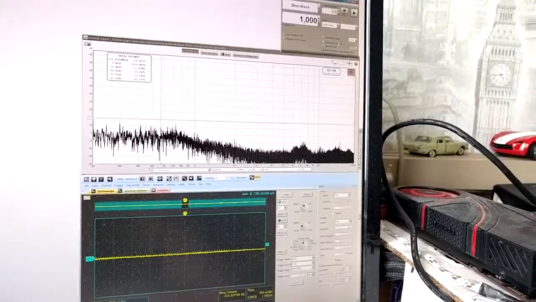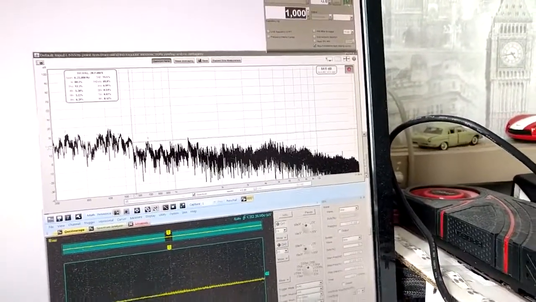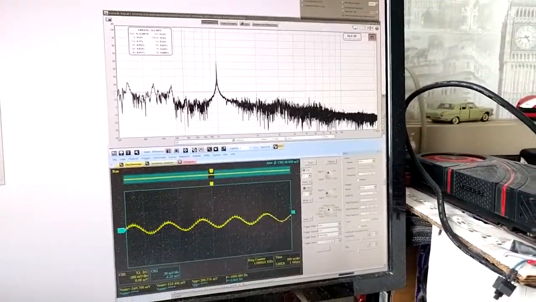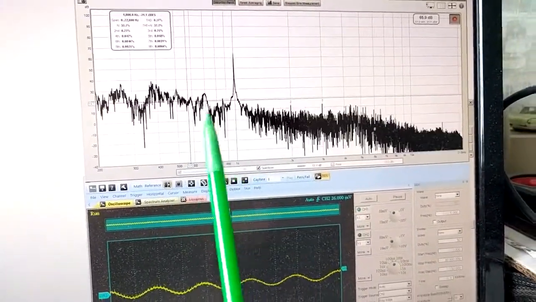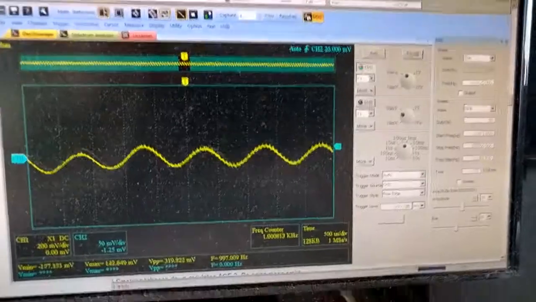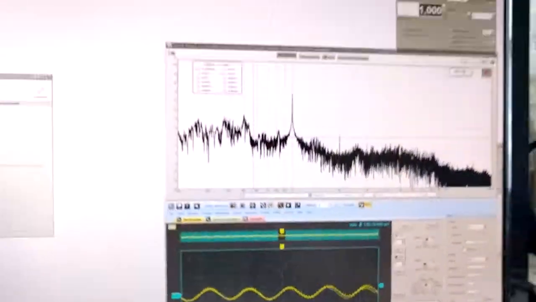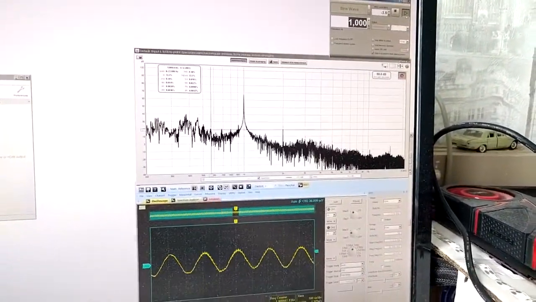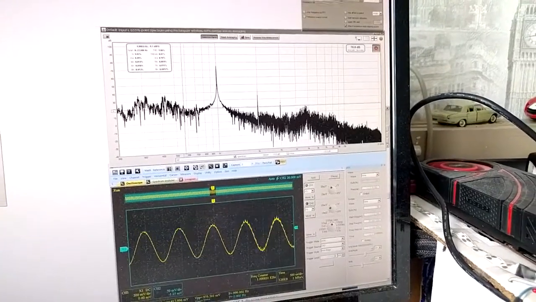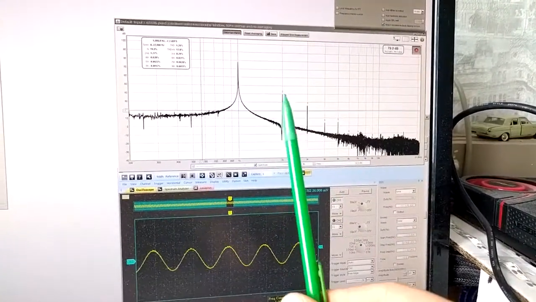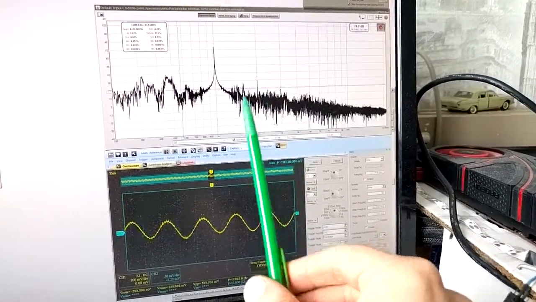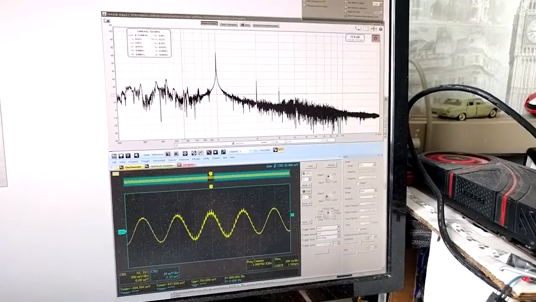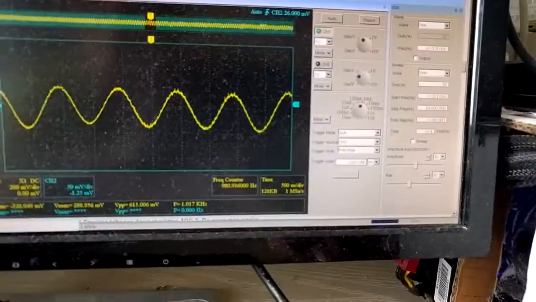First, we have to start generation. We know that we have this main peak at 1 kHz and a small signal at the sound card, 0.2 volts. Let's increase the signal. Now we have second, third, and fourth harmonics, and the signal amplitude is 0.5 volts.